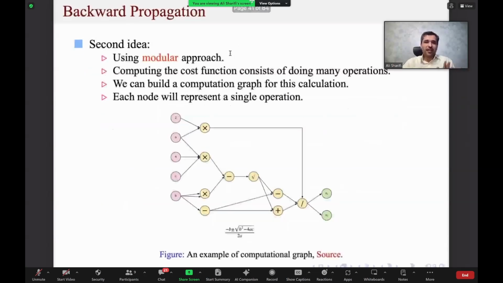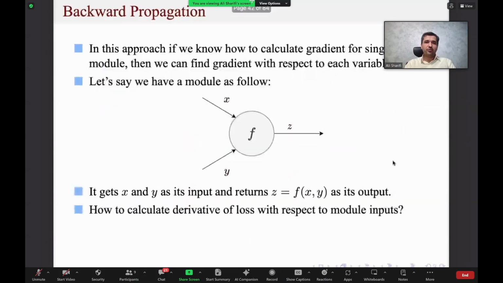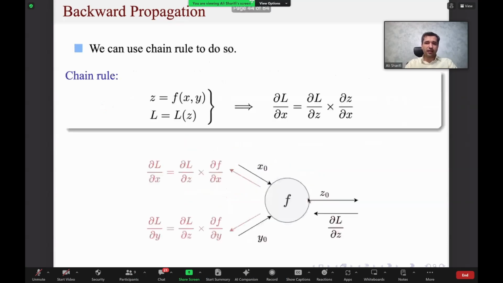There are many very simple ideas. In the backward pass, we can simply use the chain rule here. If we already have the derivative of loss with respect to this output, we can calculate the derivative of loss with respect to x and y by multiplying del L to del Z times del F to del X, where F is the activation function here.